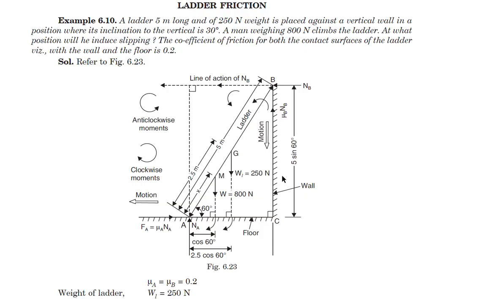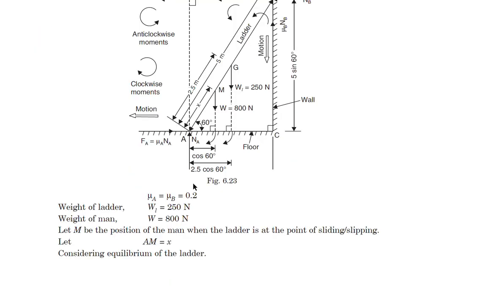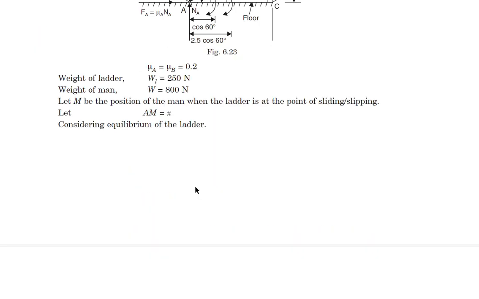So you have the horizontal components of the forces which are acting on the ladder, that is NB and mu A Na.